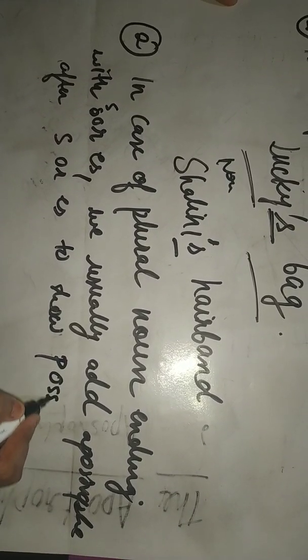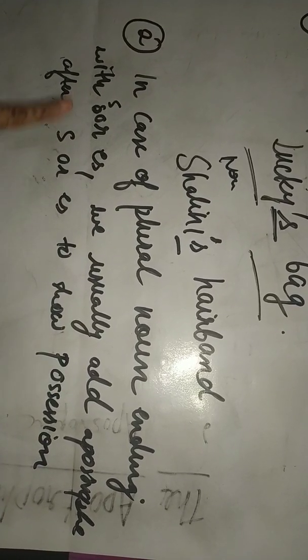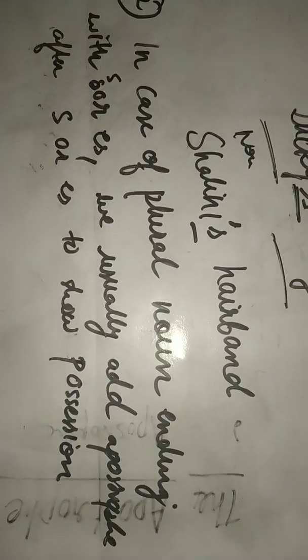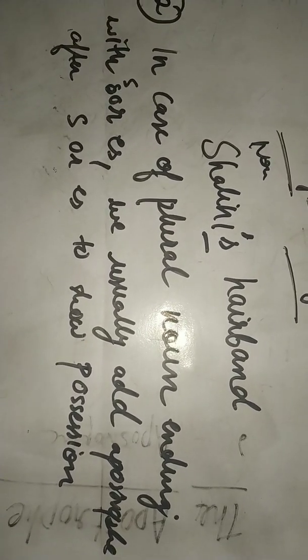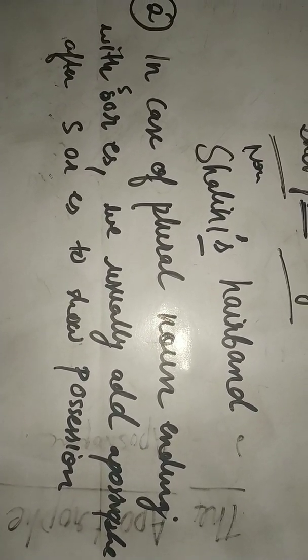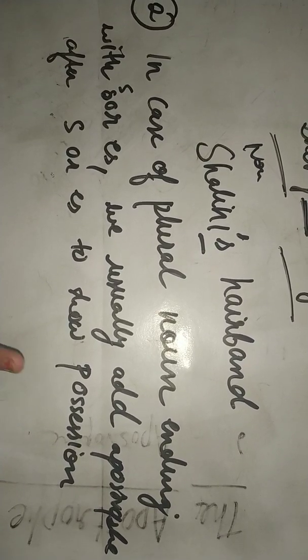So if a noun is plural and it is ending with s or es, we have to add the apostrophe after the s or es.